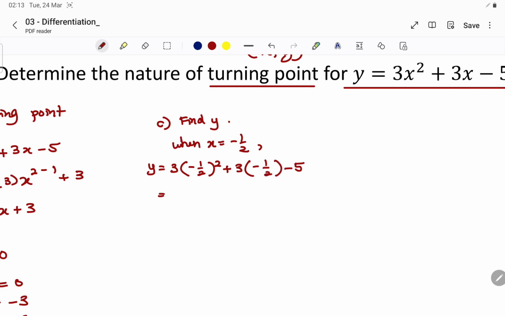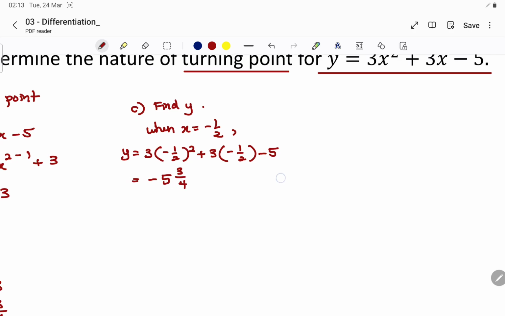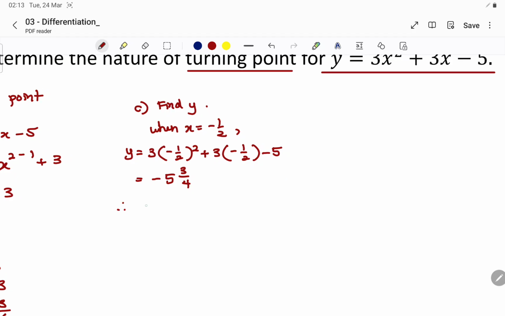Then you substitute and calculate, and you're going to get negative 5 3/4. So you already got y and x, so from this you can form a point, which is negative 1 over 2, negative 5 3/4. This is your point, so we already got a turning point.